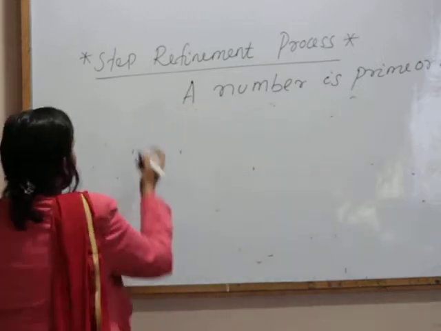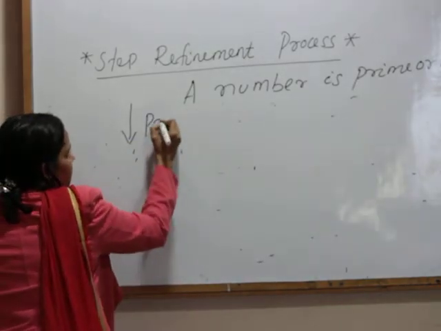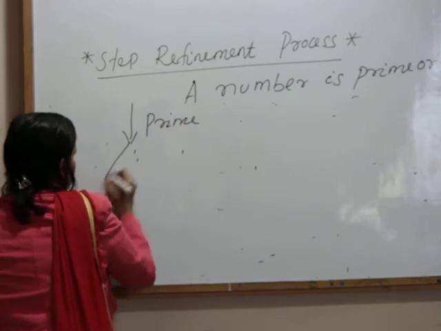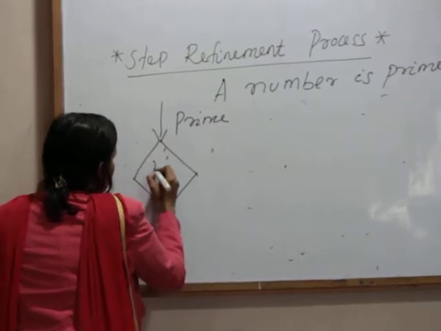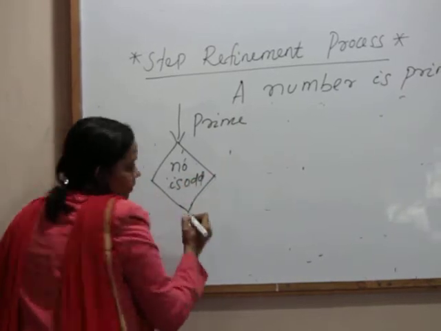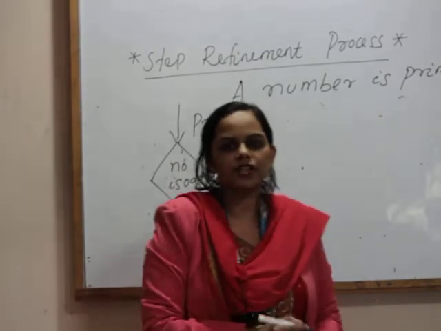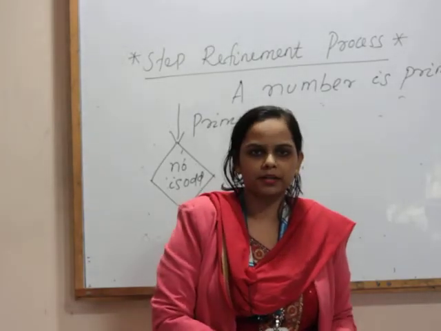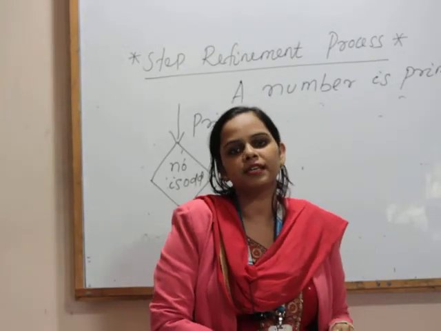So we can take a number as prime if that number is odd. Now consider the second step. 2 is an even number but it is a prime number.